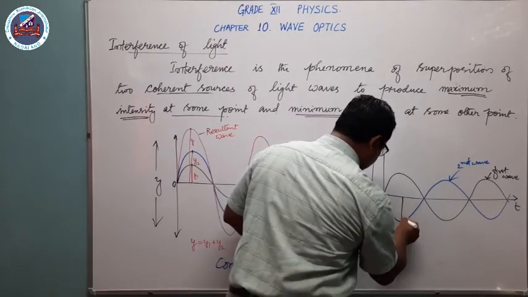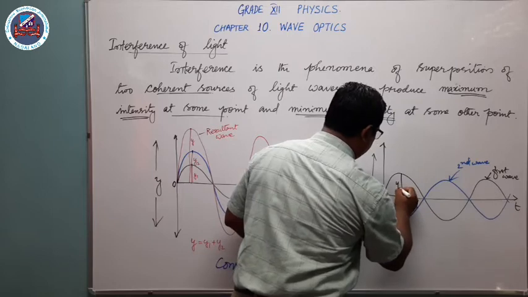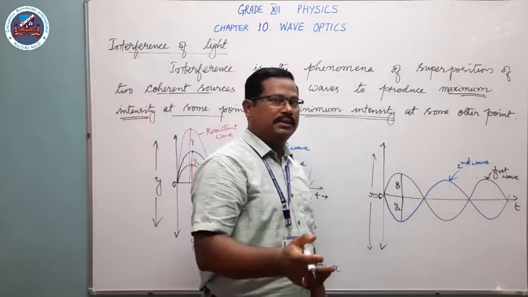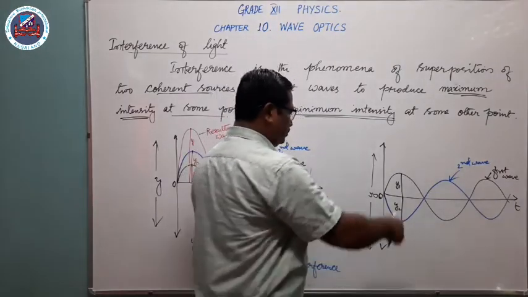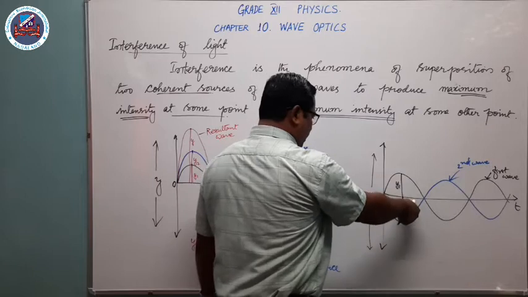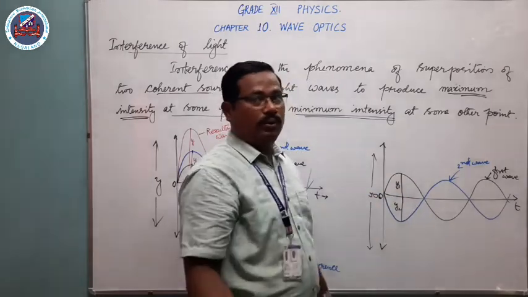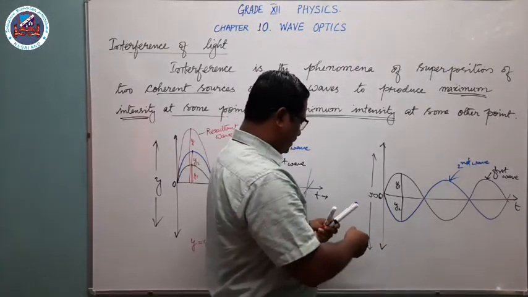Here, if it is y2 and this is y1, it will give us zero resultant. The displacement will become 0. Why? Because if y1 is 2 centimeter, y2 is also 2 centimeter, 2 minus 2 will become 0. In that case, the resultant intensity you cannot see.